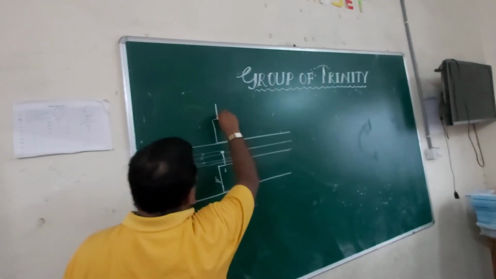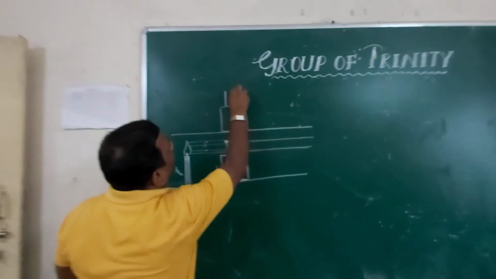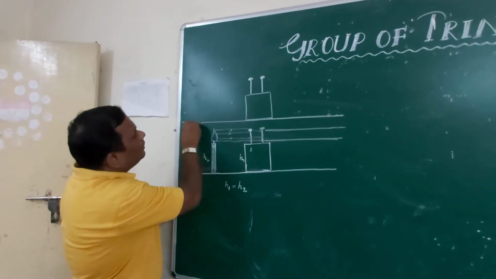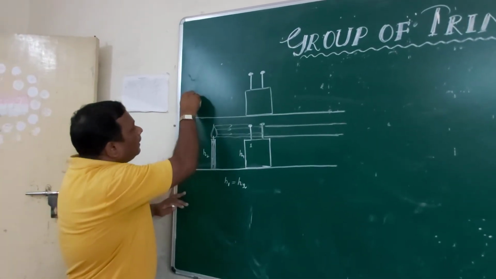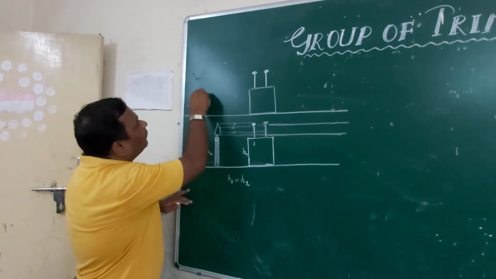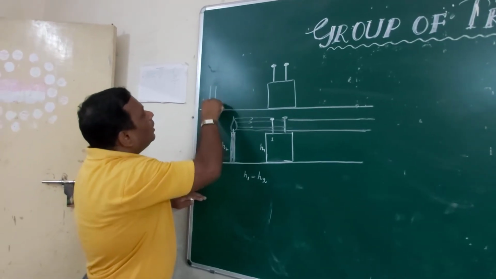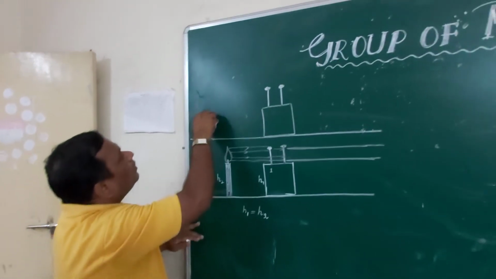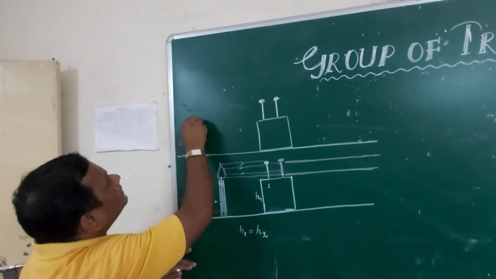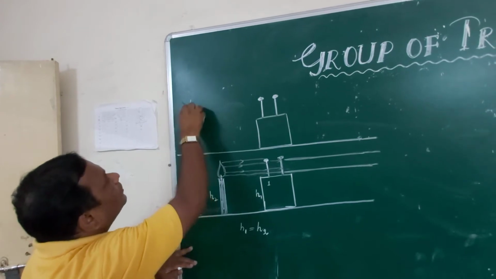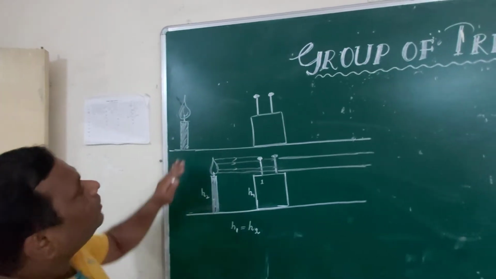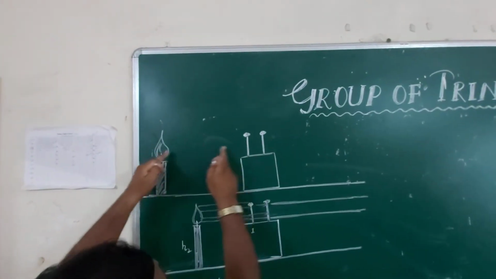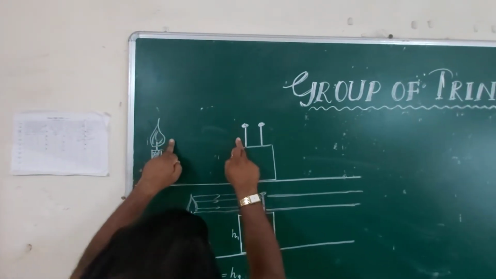Similarly, you do this experiment with another thermocouple block, and keep the candle somewhat far from the thermocouple block, and this is the flame of the candle, children, right? And here what will happen? Here the intensity of the light is very low, right?